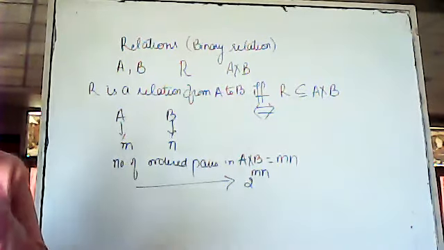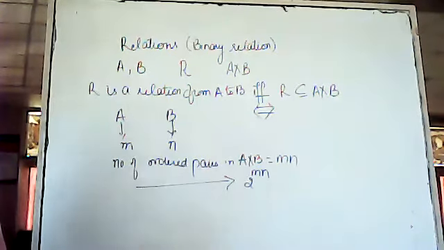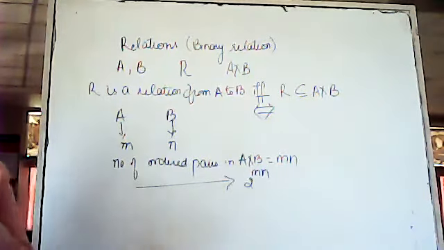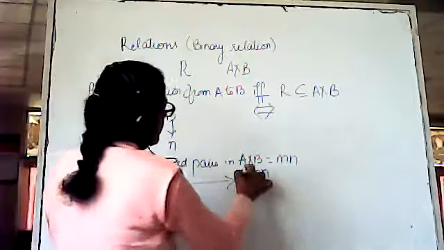अब बेटा you know कि relation is a subset of A cross B. ठीक है? If R is a relation from A to B, then the total number of relations from A to B, अगर number of subsets 2 to the power MN है, then the number of relations from A to B is also 2 raised to the power MN.